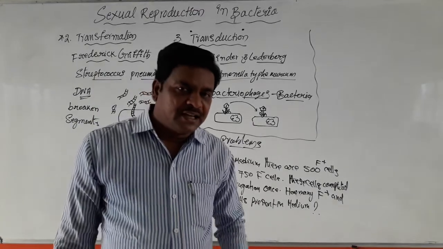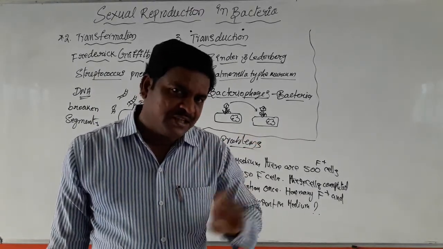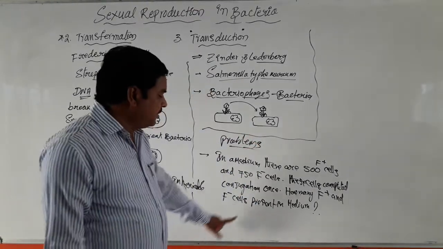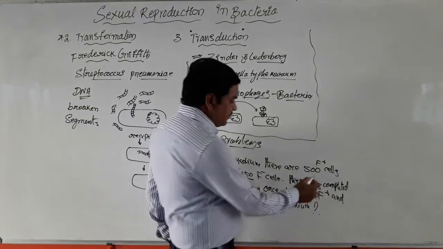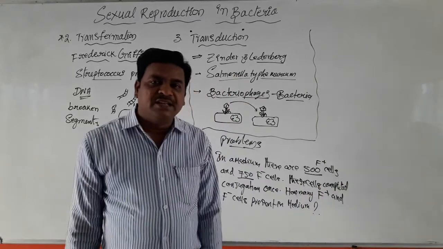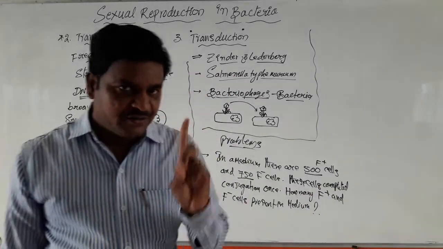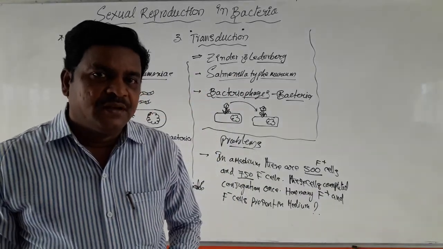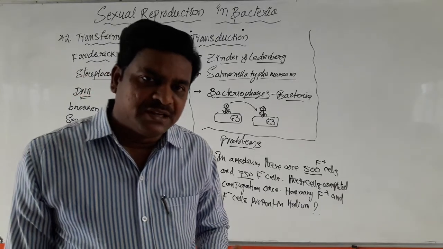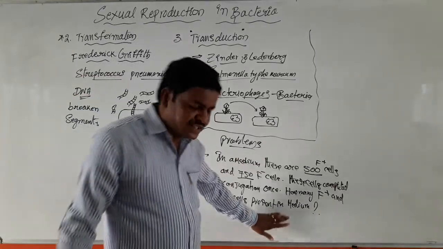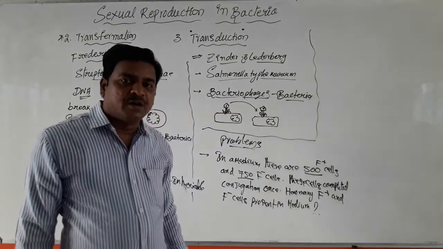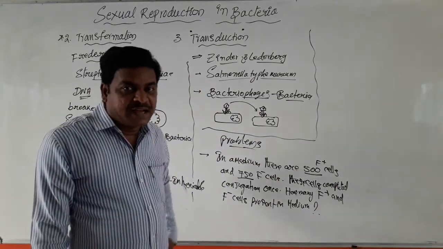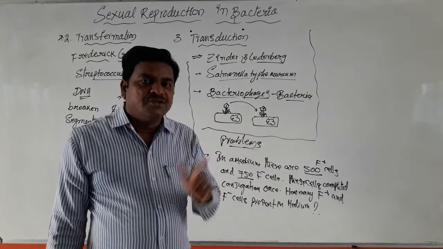Students, in a medium there are 500 F plus cells and 750 F minus cells, and all these plus and minus cells completed conjugation one time. What is the total number of F plus cells and F minus cells present in such a medium? Students, this is a small problem on the concept of bacterial conjugation.